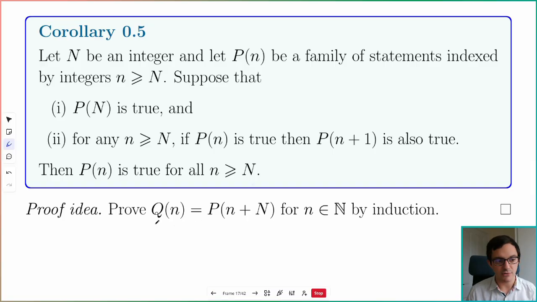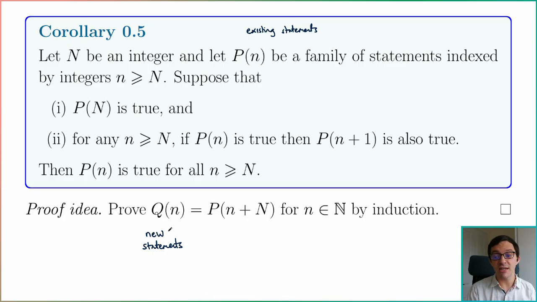These are new statements, Qn, that we're building out of our existing statements, Pn, which I'll label up here. We have existing statements, which remember only hold from capital N onwards, but that's okay because my new statements, which are called Q, will be indexed starting from 0.